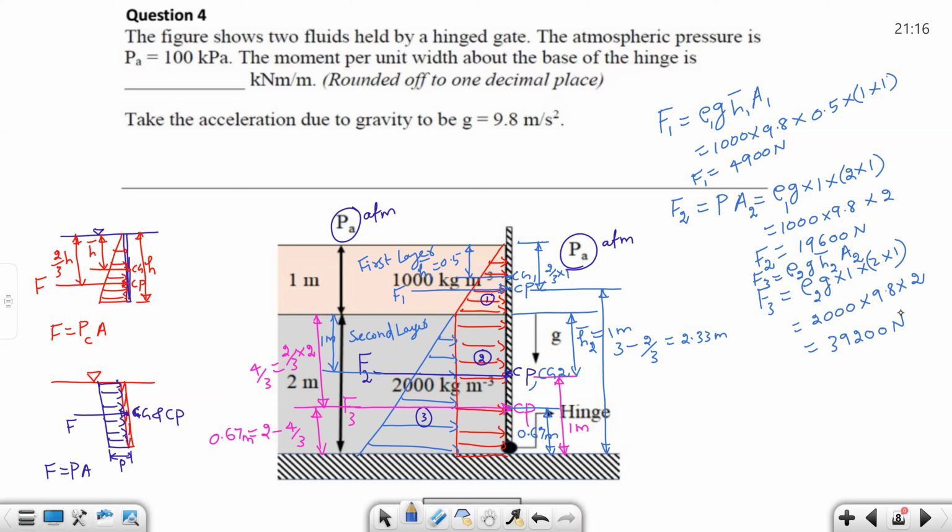So now moment about this hinge point. So let's say the hinge is O. Moment about O is equal to F1 into 2.33, plus F2 into 1 meter, plus F3 into 0.67.